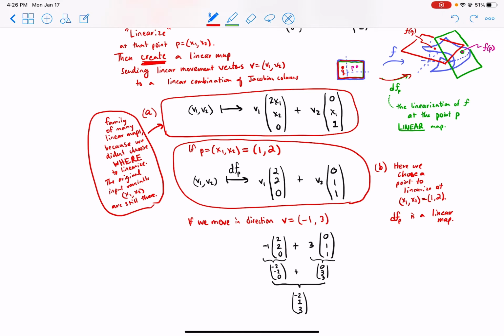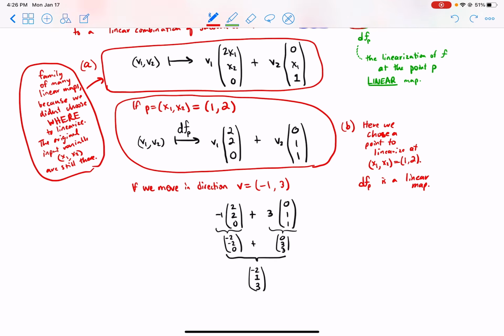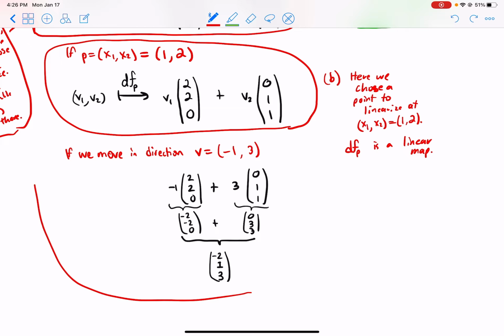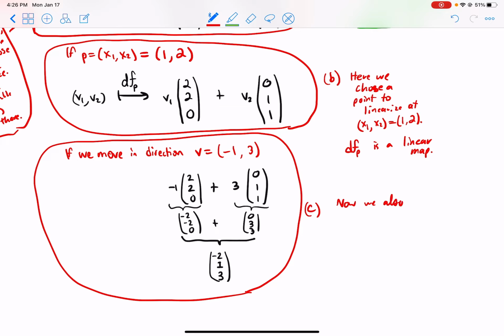Now finally, when we also plug in for v, this is part C, now we also plug in the linear movement, v equals -1, 3 was this example.